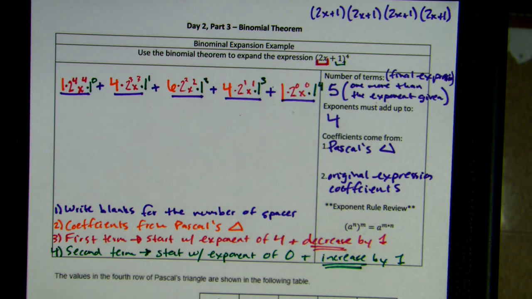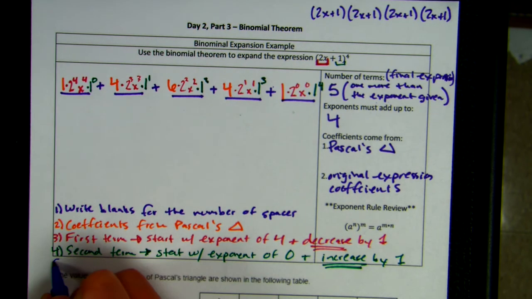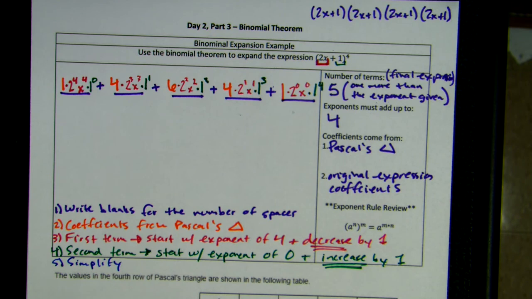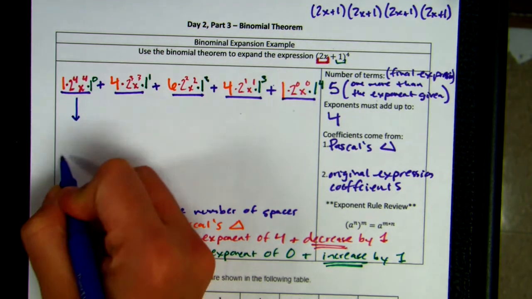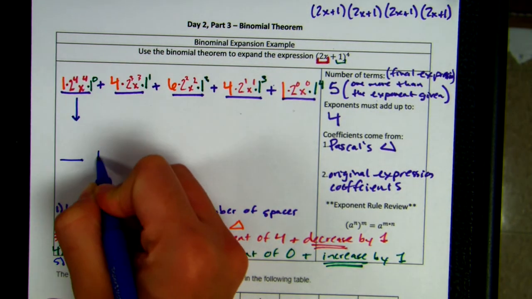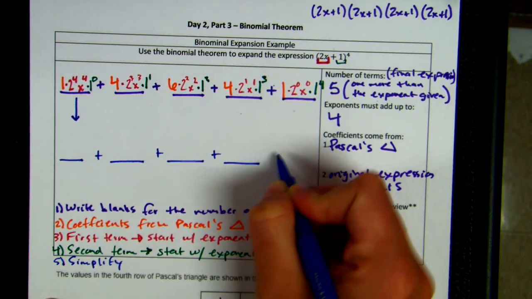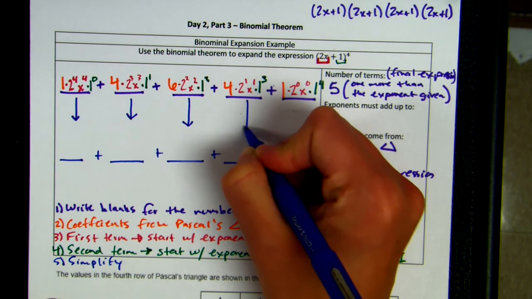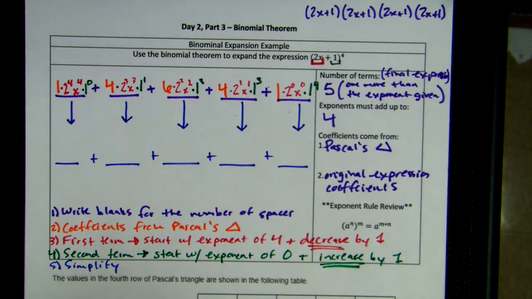Okay? Now the final thing left here to do is just to simplify. So the final step is to simplify. How I do that, I redraw my blanks. And the first thing that I bring down is the variable because I'm not going to multiply those.